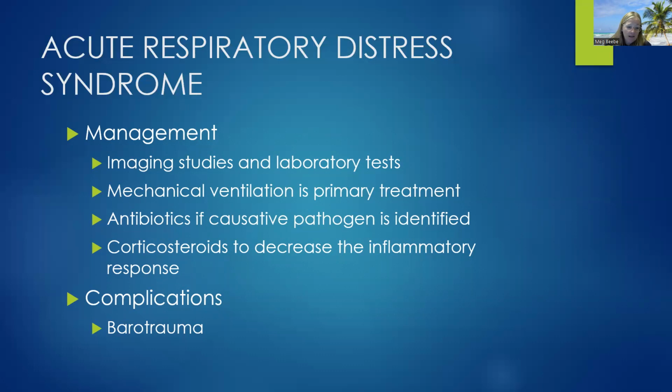There's no evidence of the use of steroids that would improve mortality and morbidity. But the anti-inflammatory properties of using steroids are thought to reduce the migration of white blood cells to the affected area of the lungs.